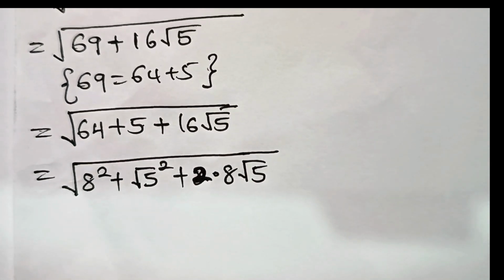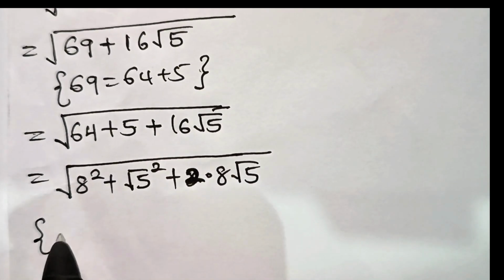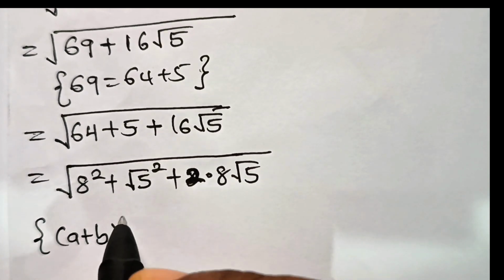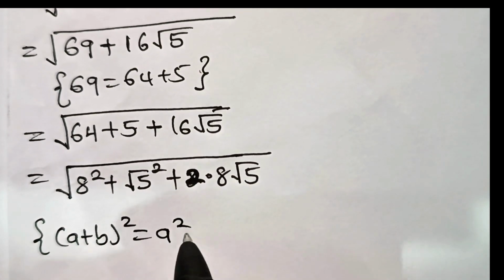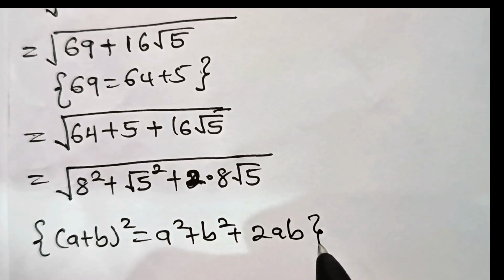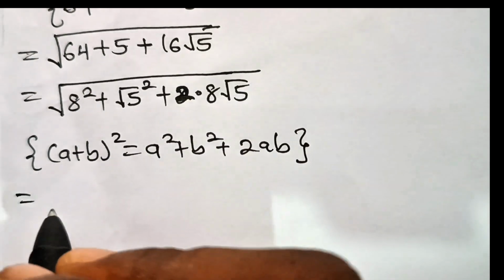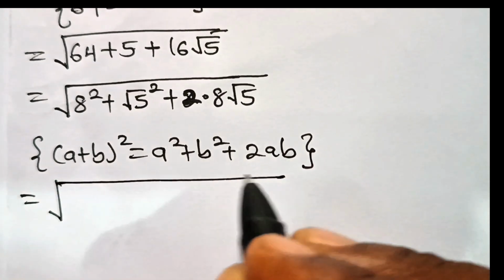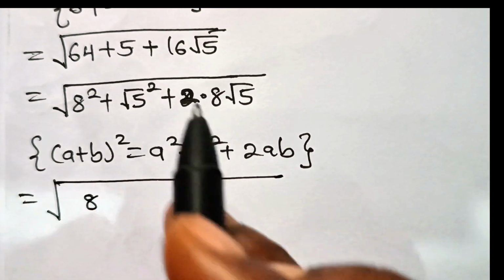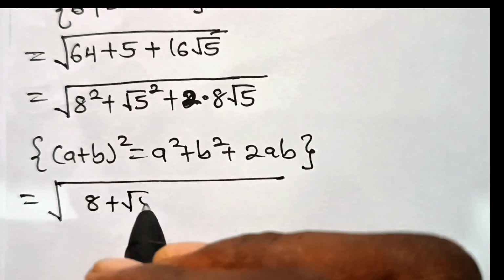And you can see that we have successfully formed another a plus b all squared, which is equal to a squared plus b squared plus 2ab. So this is equal to the square root of, our a is 8 and our b is root 5, 8 plus root 5 squared.